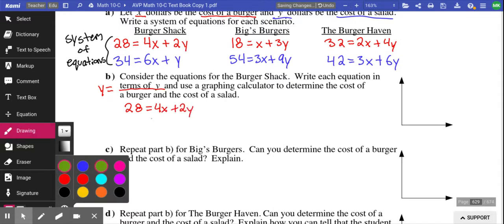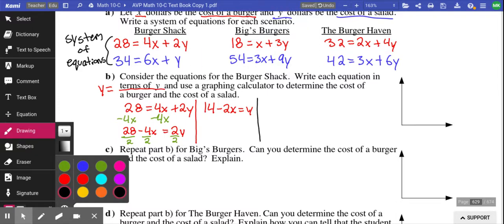You're going to move the 4x over to get 28 minus 4x equals 2y. And you're going to divide everything by 2, and you get 14 minus 2x equals y.